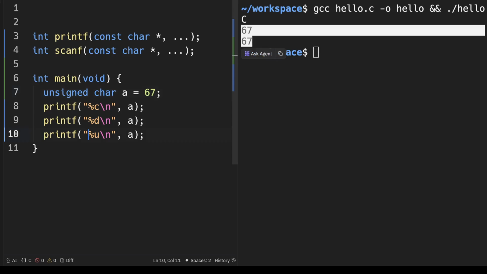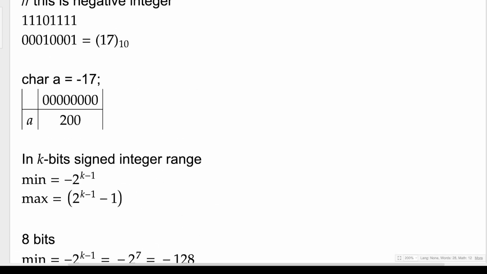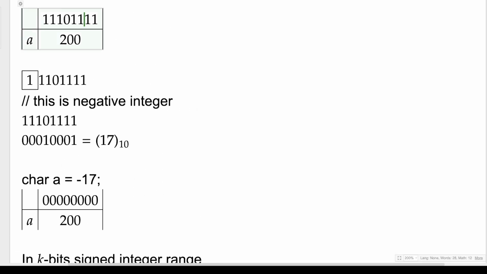So you can observe here that unsigned percentage U prints 67, and for percentage D as well. But if I write, let's say, negative 17, and compile and execute, you can observe here that even for percentage D, it does not print negative. That means this negative 17 is this.